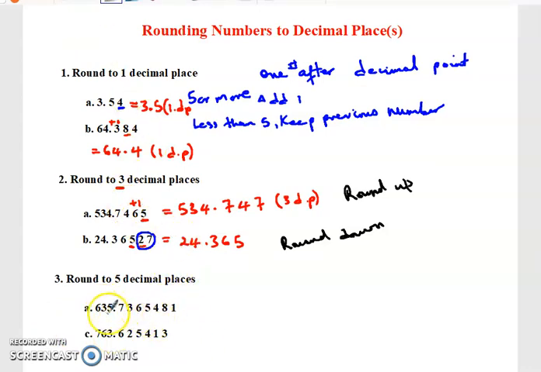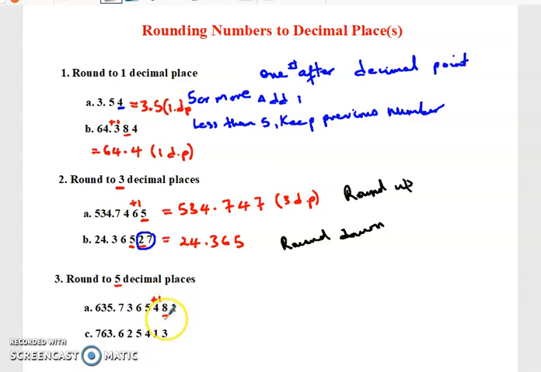So we have 635.7365481. Round to 5 decimal places. So we look at the 6th digit to the right of the decimal point. So 1, 2, 3, 4, 5, 6. 6th digit would be 8. So you look at that digit now, and if it is 5 or more, you're going to add 1 to the previous number.